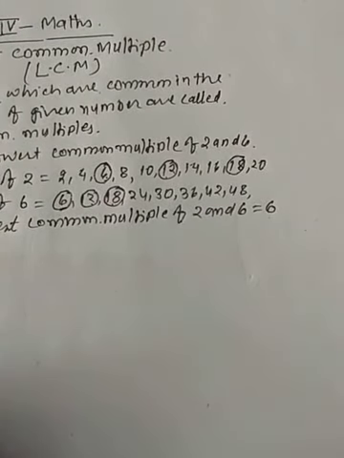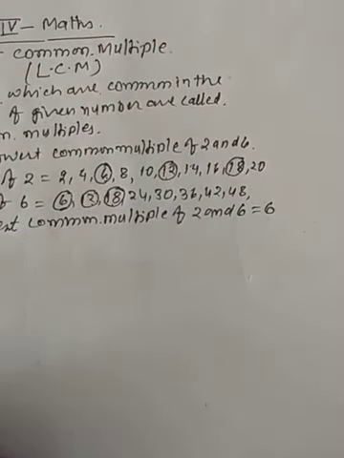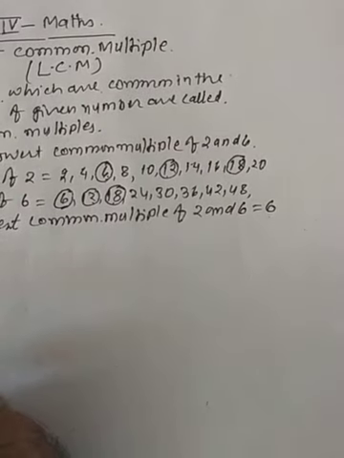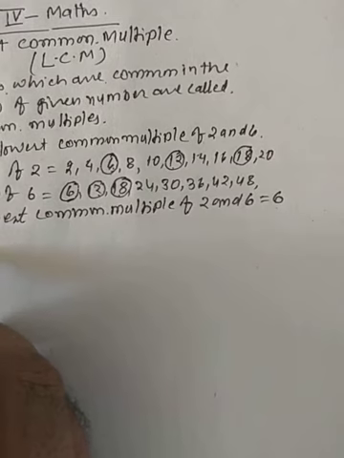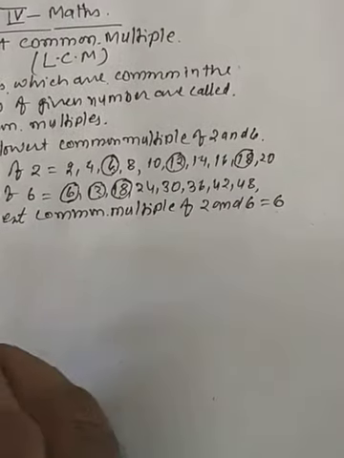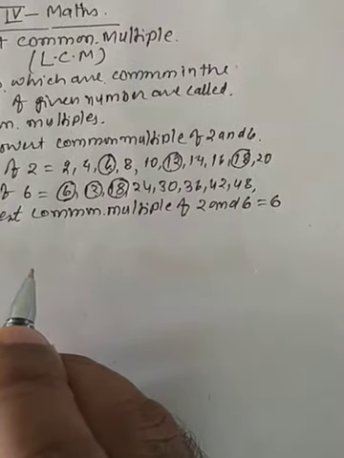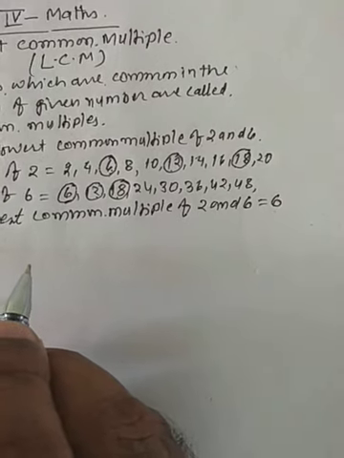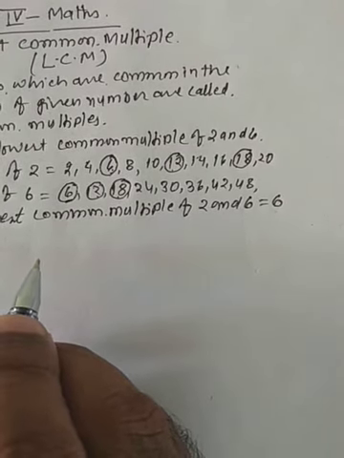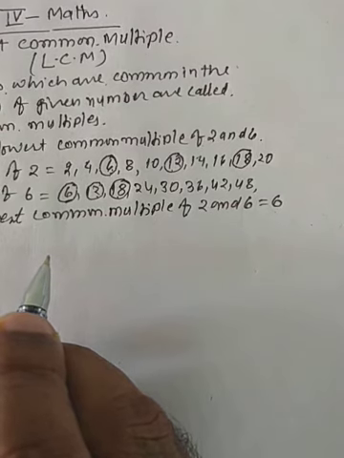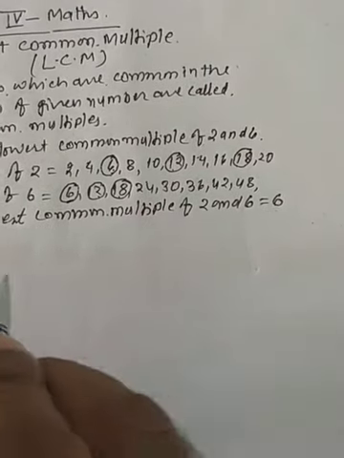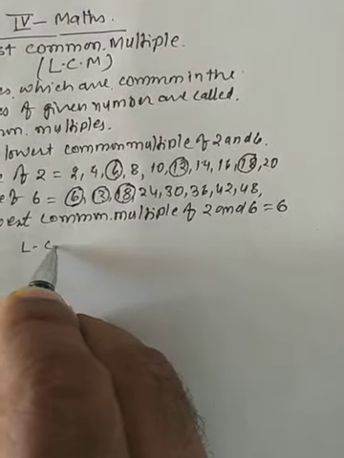Now, properties of lowest common multiple. Property first: the lowest common multiple of 2 or more numbers is the smallest number which is exactly divisible by each of the given numbers.